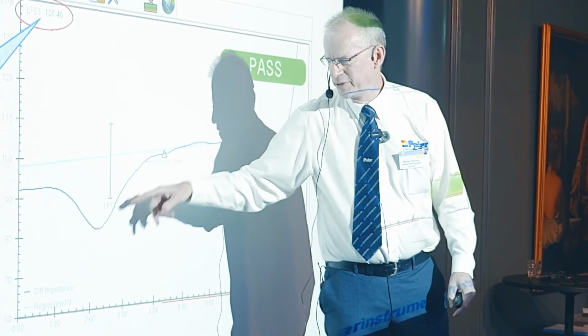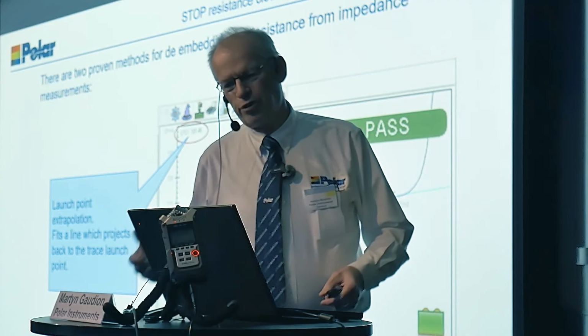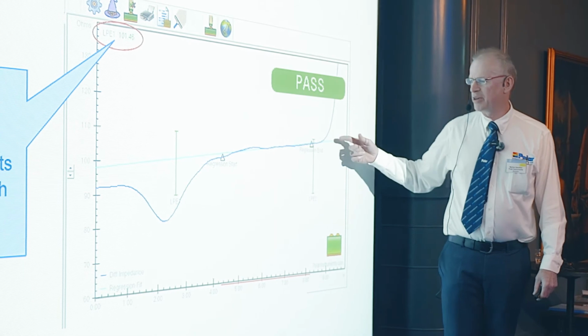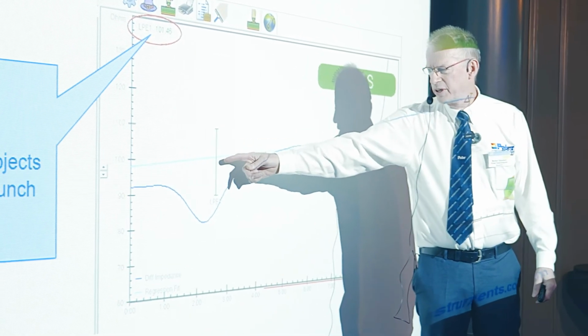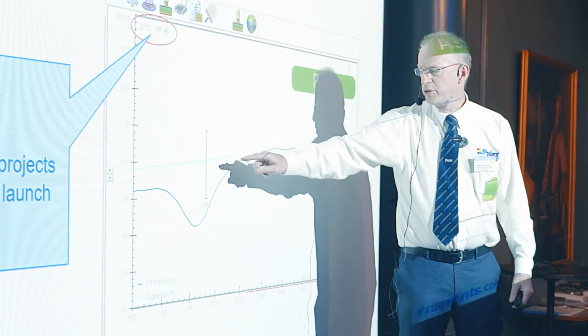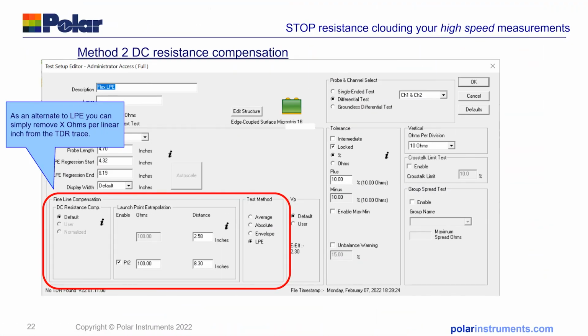You have to wait for the bouncy interconnect from the probe to die down before you can make the measurement. So what we can do here is say, okay, I've measured a nice stable length of TDR trace, and I've projected back to the start of the coupon, and I can get the average measurement of the coupon having removed the effect of the DC series resistance.